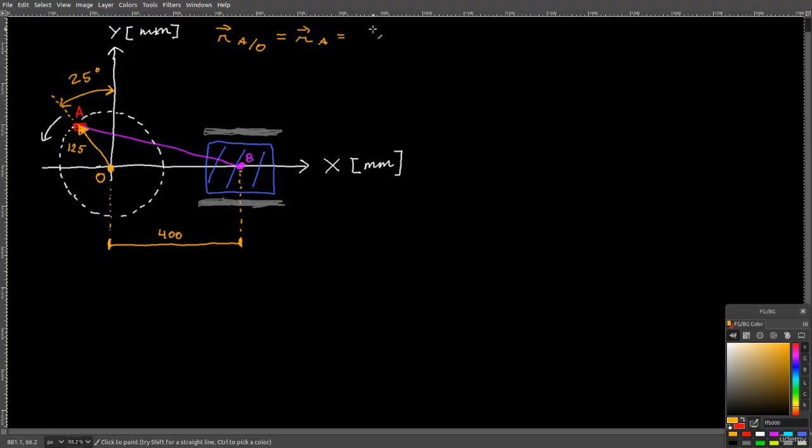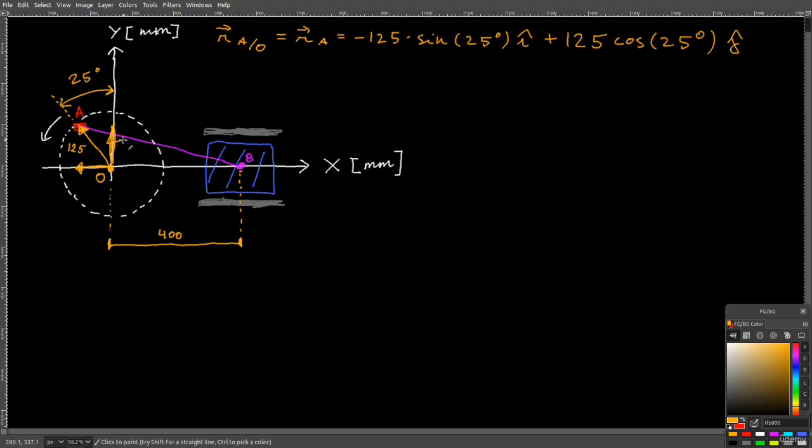so you would agree that the x component of this position vector would be the following: minus 125 times sine 25 degrees times i. It's minus because it points in the negative x direction. And then you will have plus 125 times cosine 25 degrees times j.